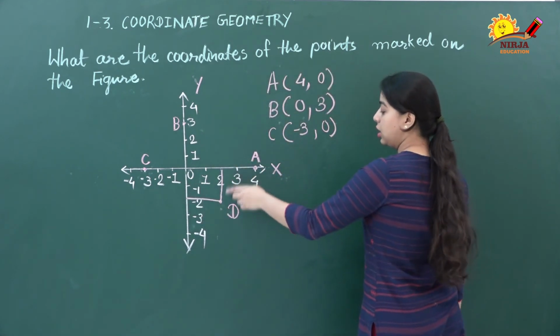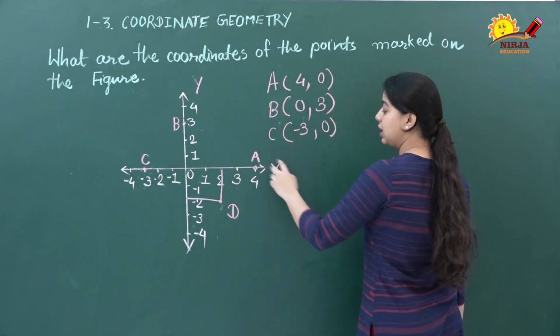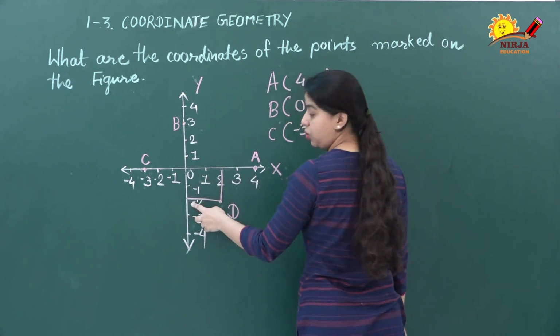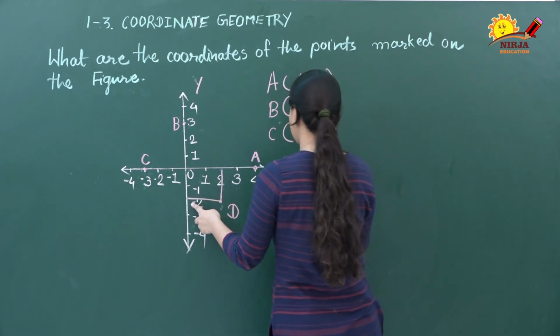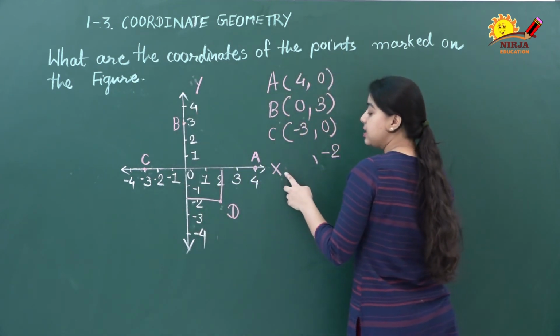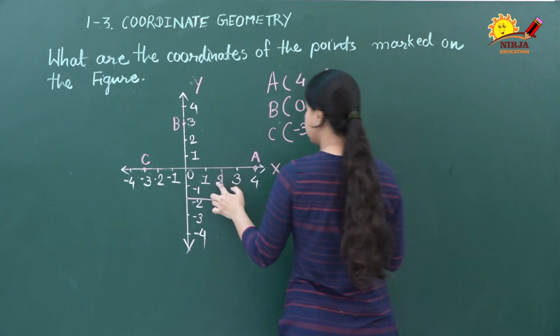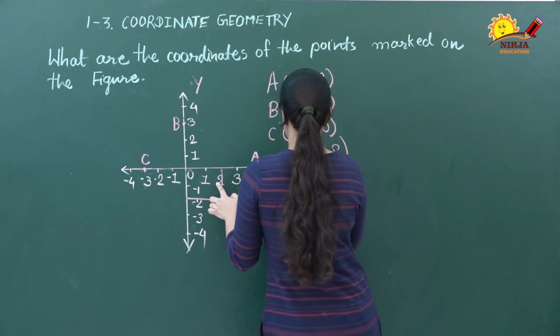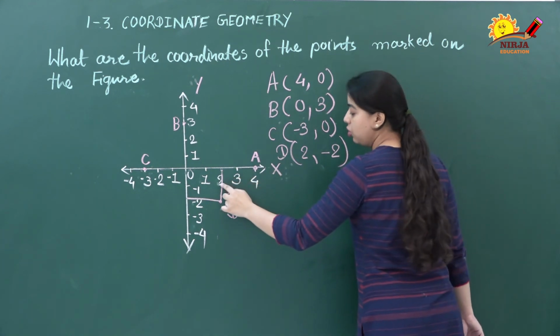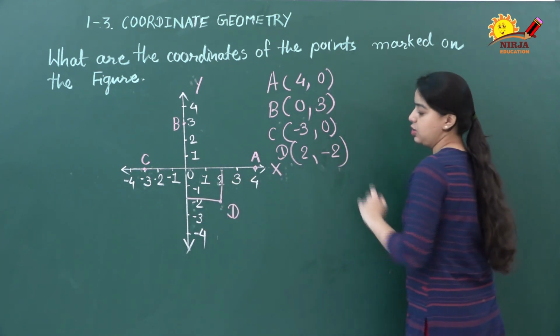So the distance along the y-axis is minus 2. That means the y coordinate of this point D is minus 2 and the x coordinate of this point D is 2. So we can write the coordinates of D as (2, -2).